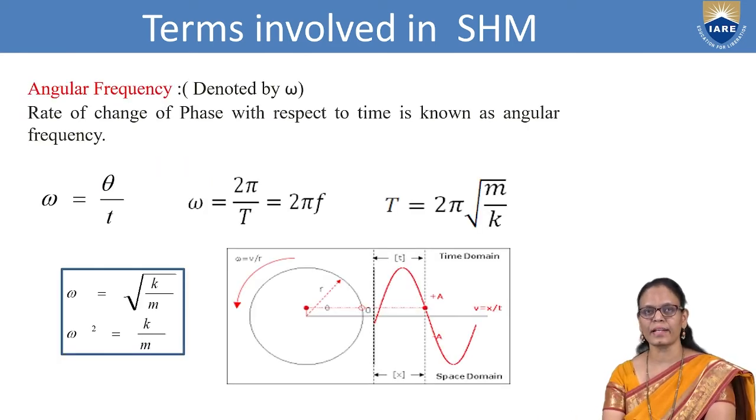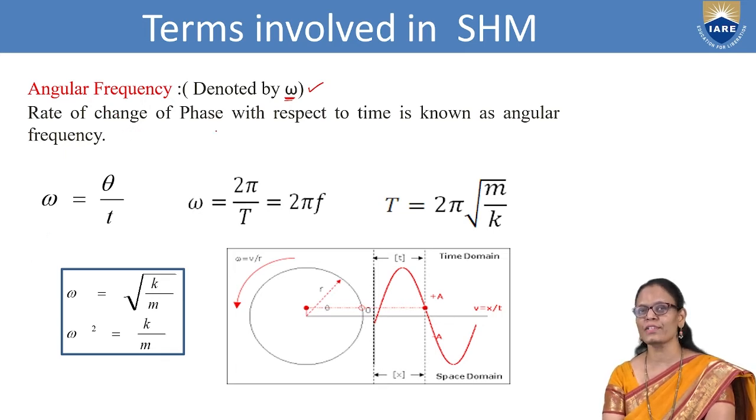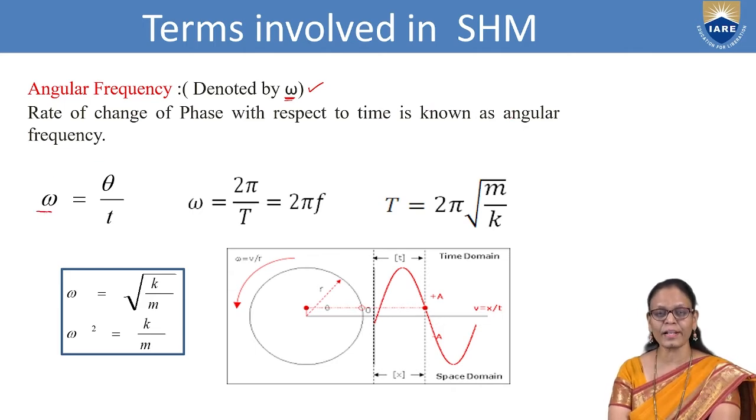Now let us understand angular frequency, which is denoted by omega. Omega here, the Greek alphabet we are using, small omega. It denotes the angular frequency. So the rate of change of phase with respect to time is known as angular frequency. It means omega can be written as theta upon t.